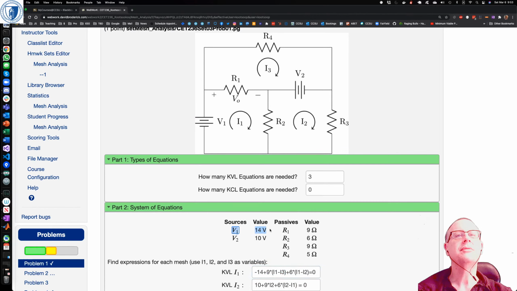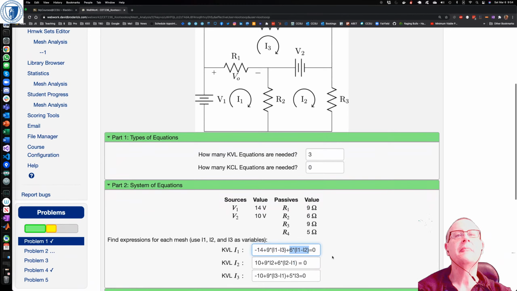We've already specified what the voltages are, and the way WebWork works, there are no VR2, VR1, VR3, VR4 variables. It's just the mesh currents that we're interested in as the unknowns. And then R2 is 6 ohms, so the VR2 is 6 times I1, and I2 is going in the opposite direction through R2, so it's 6 times I1 minus I2.